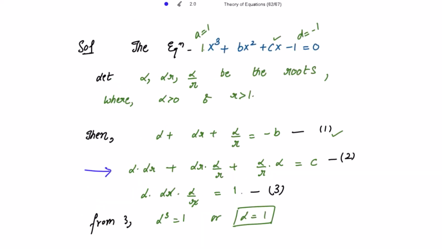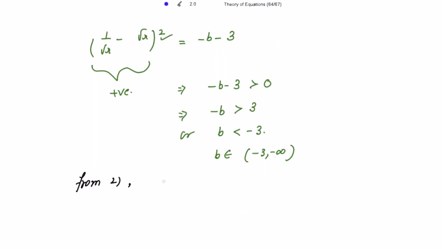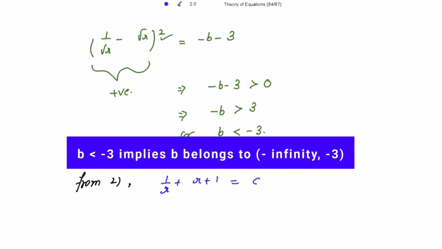Now from 2, we have not used this equation 2 yet. So from 2, what do we get? This r is cancelled out with this r. And we know that alpha is 1, right? So putting alpha equal to 1, we get r plus 1 over r is equal to c. So we get 1 over r plus 1 equal to c.